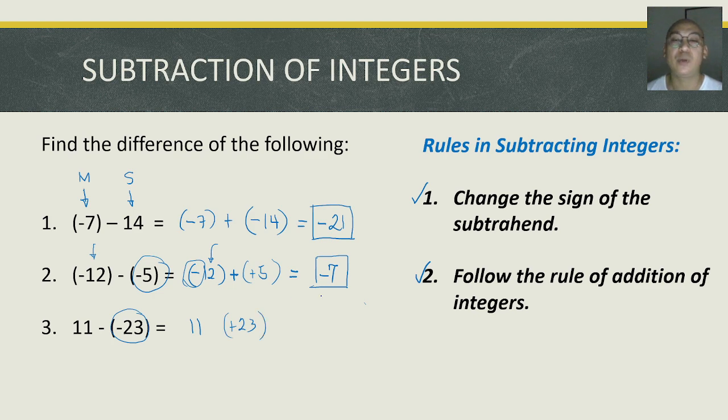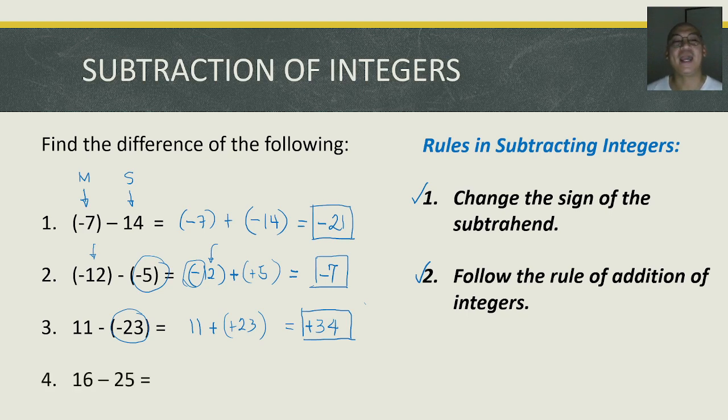And then we'll follow the rule of addition. 11 plus 23, they are both positive, so we're going to add. 11 plus 23 is 34. And then we're going to copy their sign, which is positive. So the answer is +34.